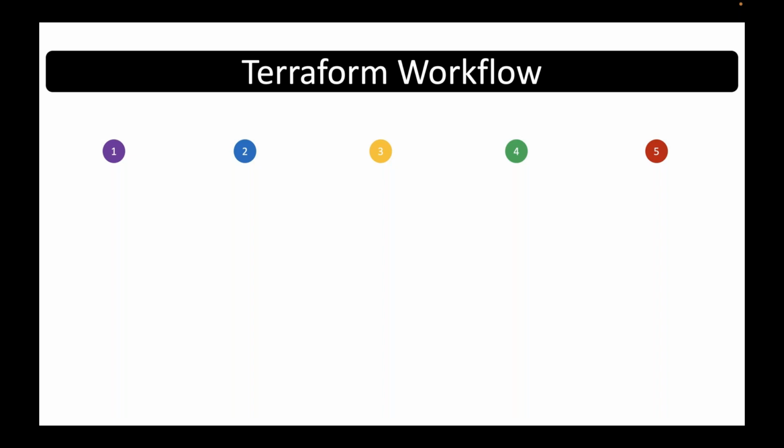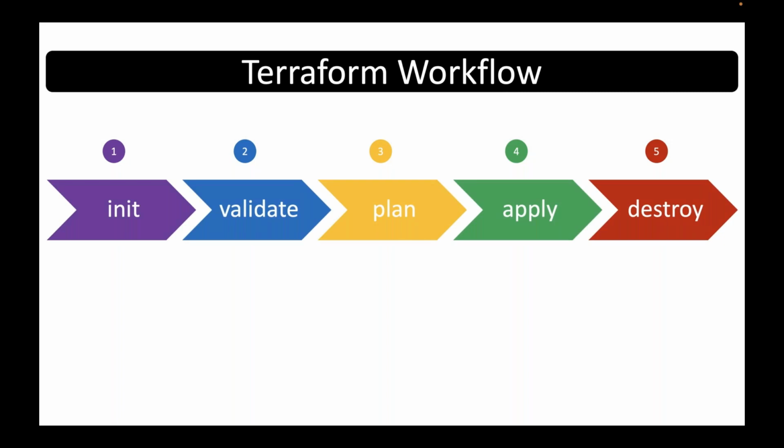When we are talking about the Terraform workflow, we have majorly five things: init, then validate, then plan, then apply, and then destroy. Whatever cloud environment or VM you are working on, if you are going to manage it through Terraform, only these five things come into the picture. For init, we have the command terraform init.